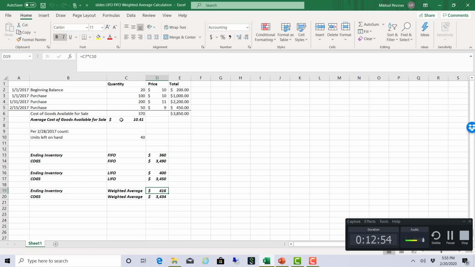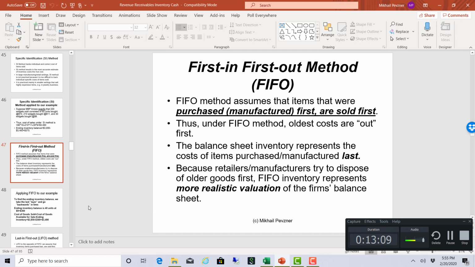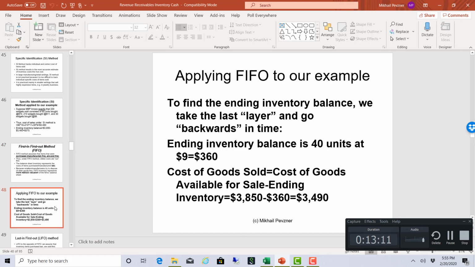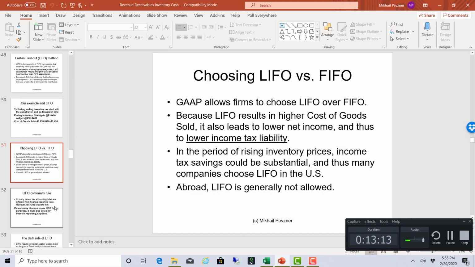And then the weighted average cost of goods sold is just the cost of goods available for sale minus the ending inventory. So that's pretty much how it's calculated. There could be some complications, but for our purposes, that's enough. So that's what the next several slides basically do.